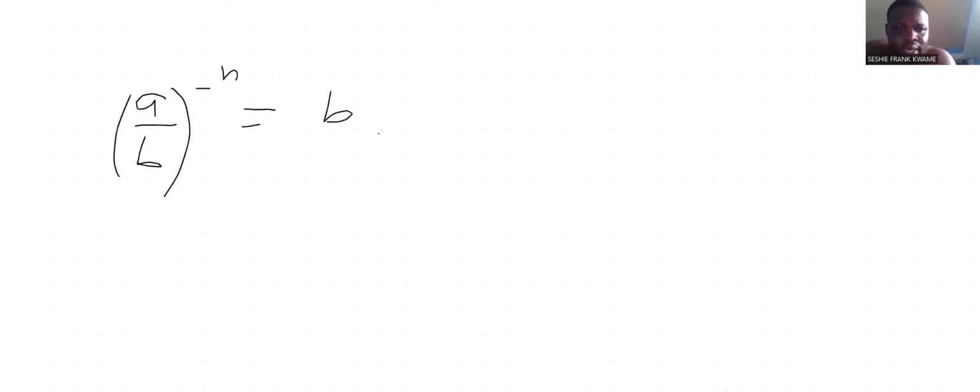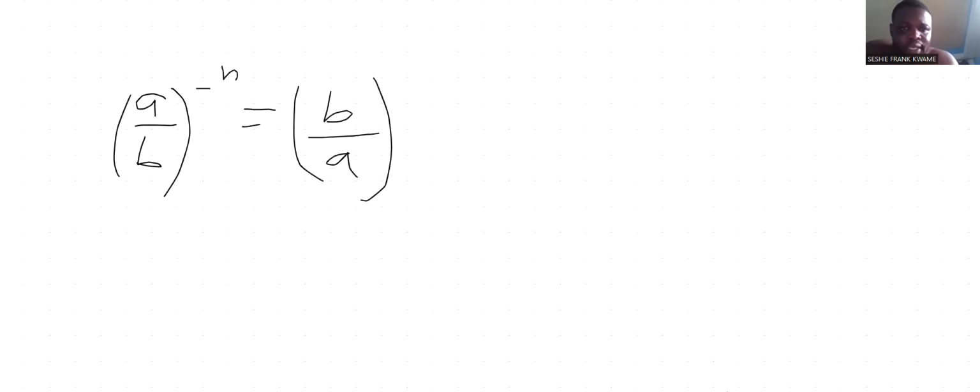Then we look at another property of indices, the negative power of a quotient of two numbers. So if I have A over B all to the power negative n, it should be B over A to the power n.